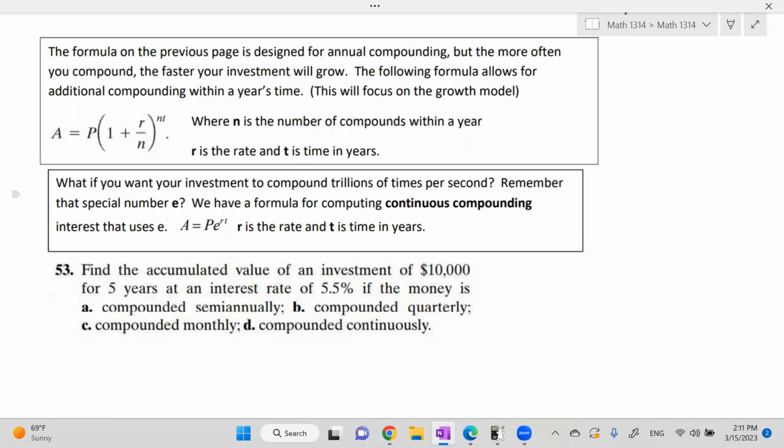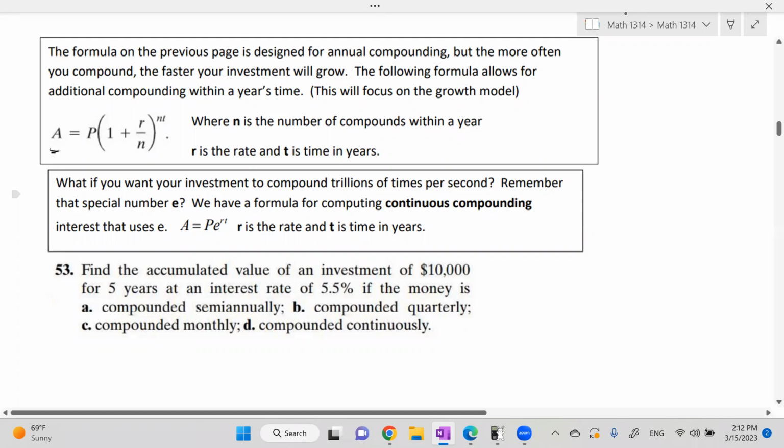Sometimes we are not compounding annually. The banks say, I can provide you compound semi-annually, compound quarterly, or compound monthly. So you will get more interest after a year or after several years if you compound multiple times a year. So we are using the new formula.